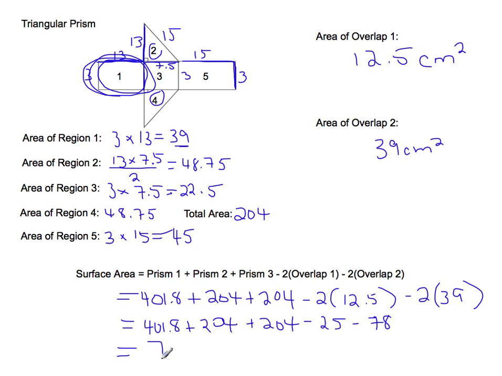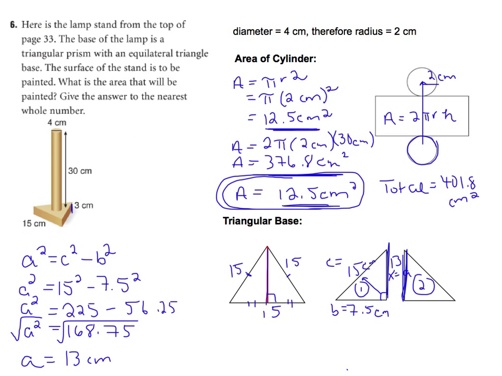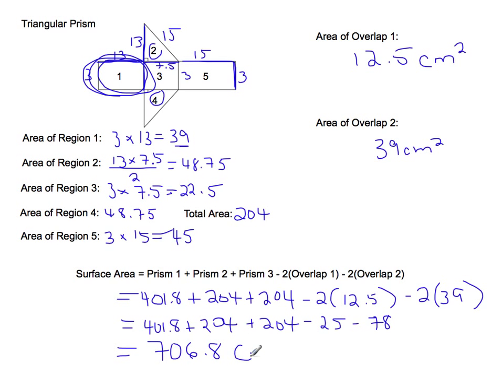So I get 706.8, and it was centimeters squared. I'm just going to double check my work. 401.8 plus 204 plus 204 minus 25 minus 78. 706.8.